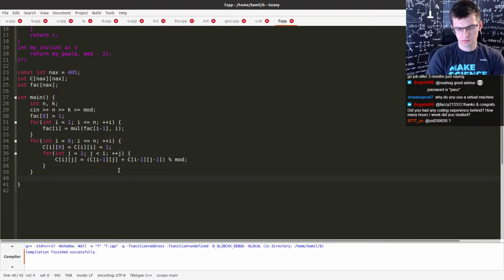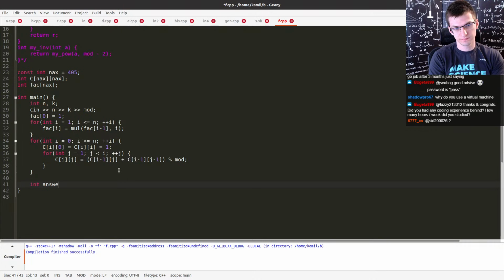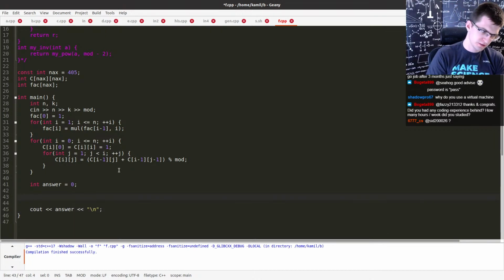And now, what do we do? We iterate over the number of vertices in the prefix, and then the rest will be SCC.